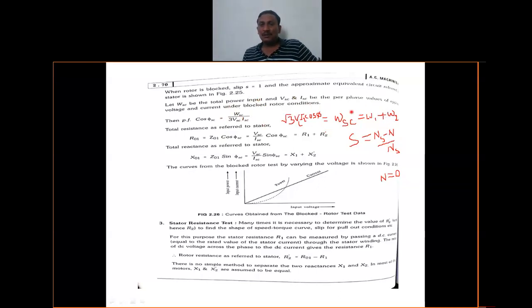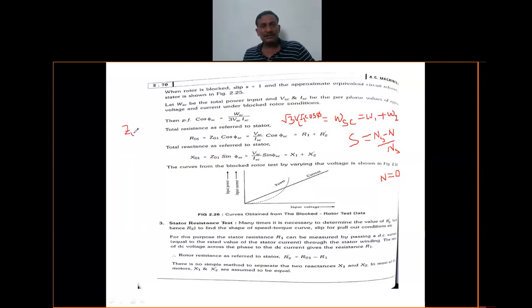Now, the total power is equal to, with cos theta the power factor as R by Z. What is Z01? I think the formulas are not mentioned clearly here.